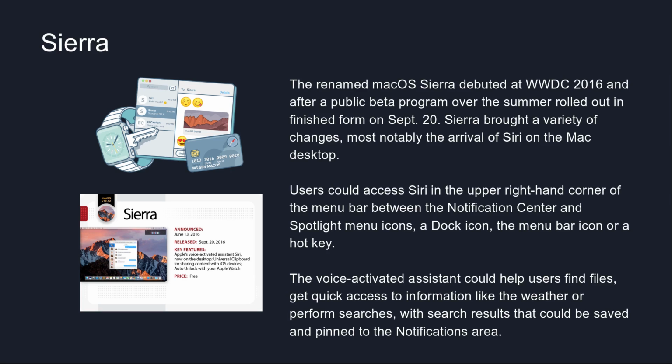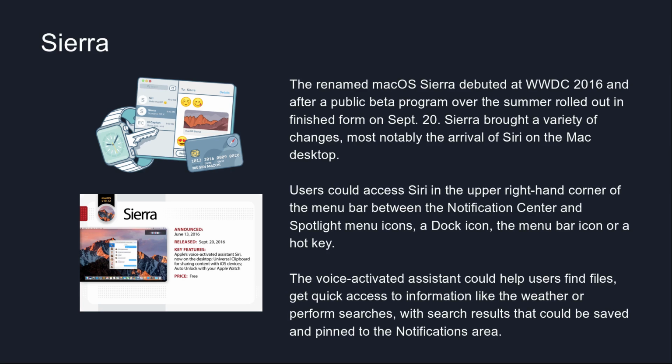The voice-activated assistant could help users find files, get quick access to information like the weather, or perform searches with results that could be saved and pinned to the notification area.